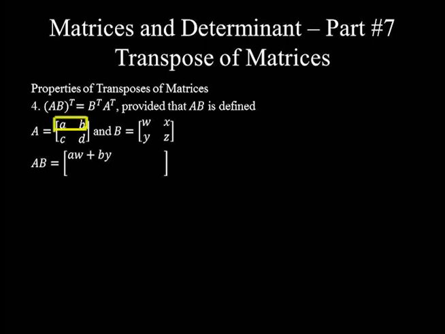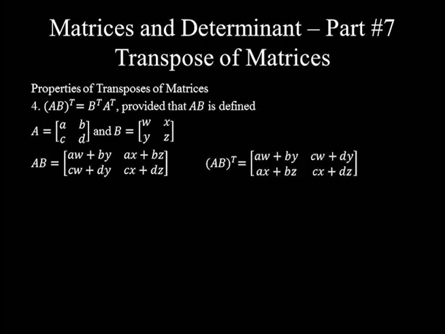Row 1 of matrix A times column 2 of matrix B equals AX plus BZ. Row 2 of matrix A times column 1 of matrix B equals CW plus DY. Row 2 of matrix A times column 2 of matrix B equals CX plus DZ. So (AB) the whole transpose is simply equal to this matrix.